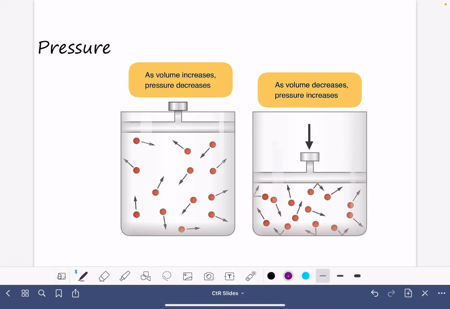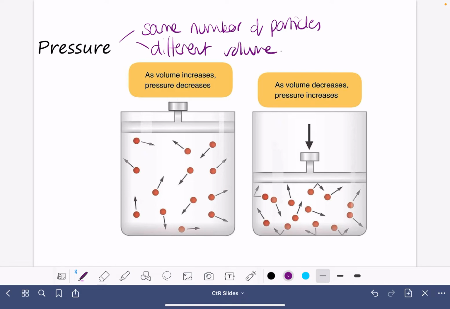So changing the pressure means same number of particles in a different volume. Okay, so if we decrease the volume, there's less space for them to move around, so the pressure increases. Okay, hopefully that makes sense.